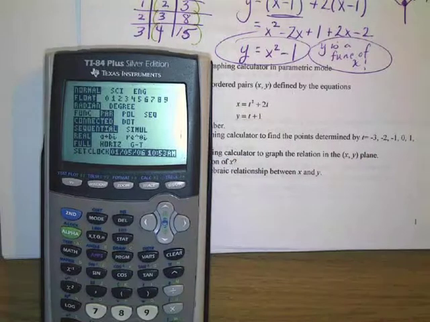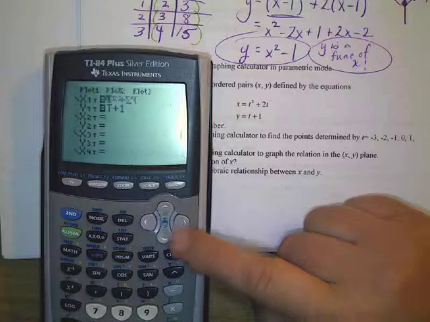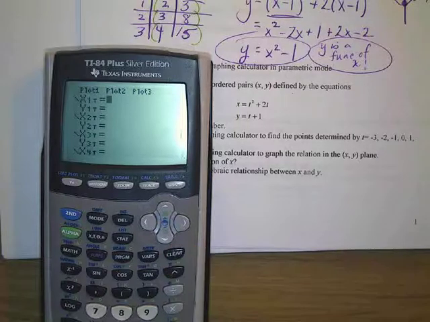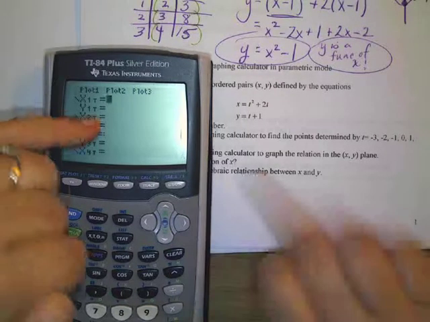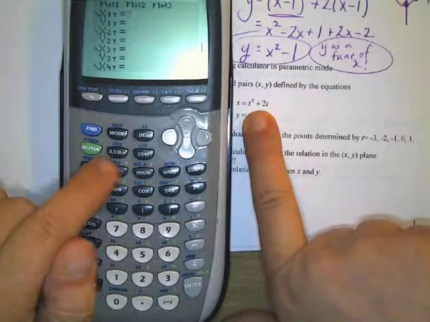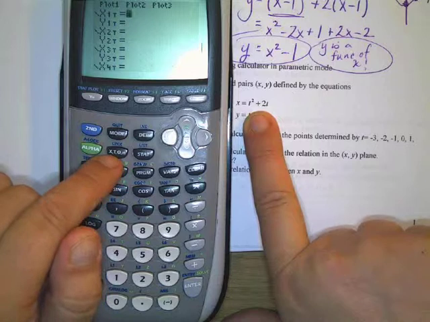Now you ready to hit y equals? So hit y equals. If you type in this equation, I should point this out too. This is our variable button, and normally when we hit it, it makes an x.